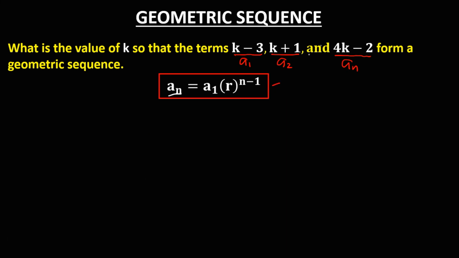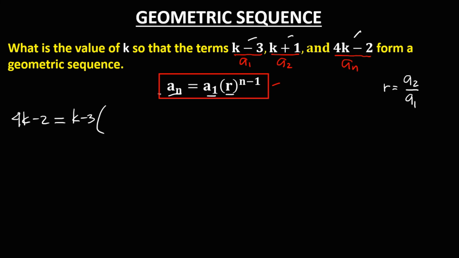So we have a sub n, so that's 4k minus 2. So this is 4k minus 2 then equals a sub 1. So a sub 1, that's k minus 3, then times r. R is the common ratio. So we can find r using a sub 2 over a sub 1.